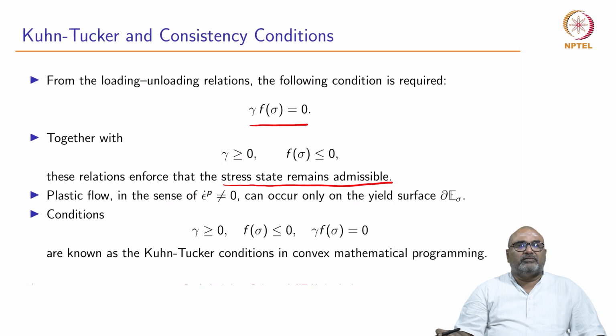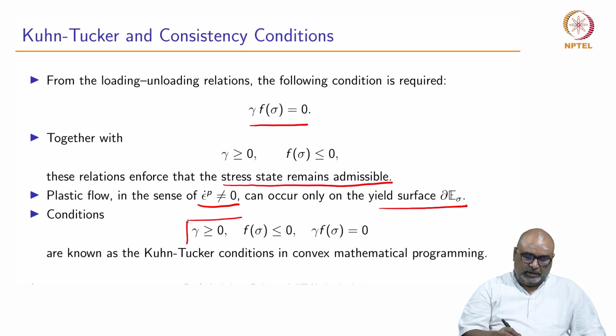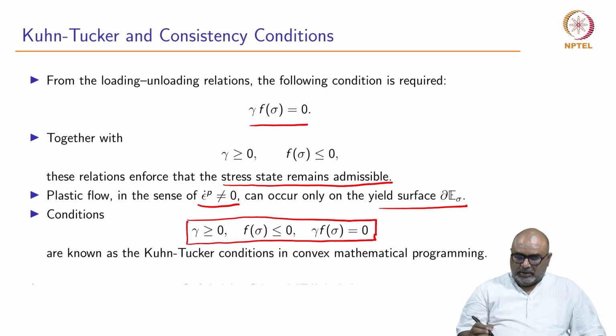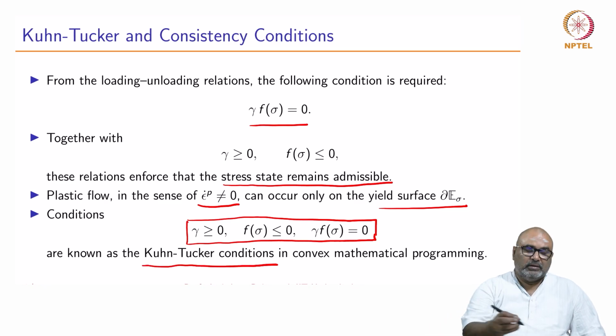So, plastic flow, in the sense of plastic strain rate epsilon dot p not equal to 0, can occur only on the boundary of the yield surface, that is on the boundary of E of sigma. Putting these together we get gamma greater than or equal to 0, f of sigma less than or equal to 0, and because the slip happens on the yield surface, gamma f of sigma is equal to 0. These three conditions are called the Kuhn-Tucker loading unloading conditions.